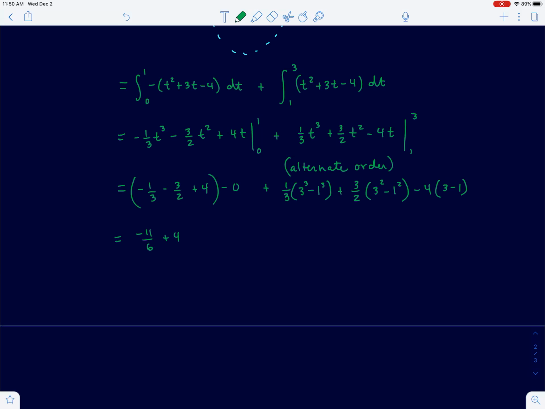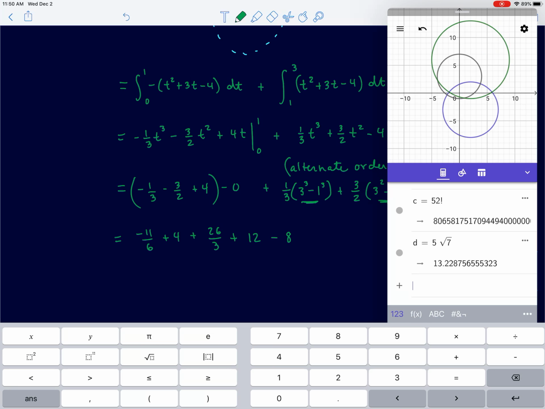But I'm going to use the calculator for the rest of this. 27 minus 1, so that'll be 26/3, plus 9 minus 1, so that's 8 times 3 halves. 8 divided by 2 is 4, times 3 is 12, and then minus 4 times 2, which is 8. And then I'm going to put this into the calculator, and hopefully I didn't screw anything up.